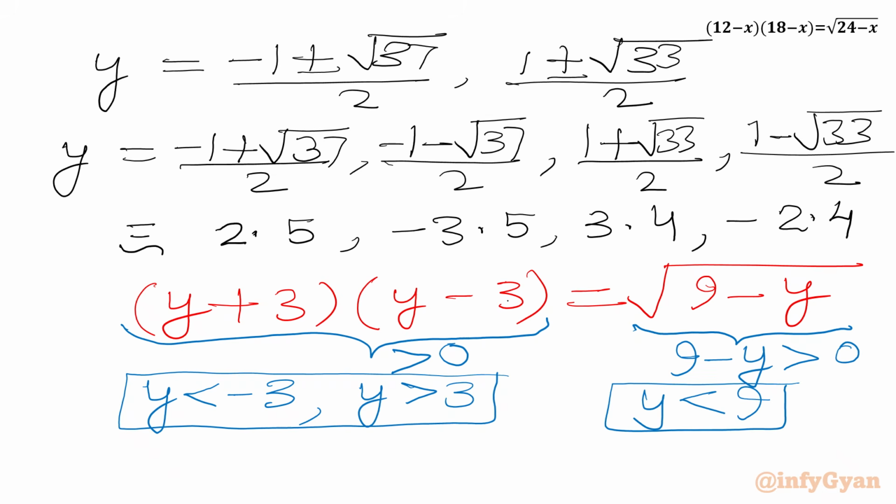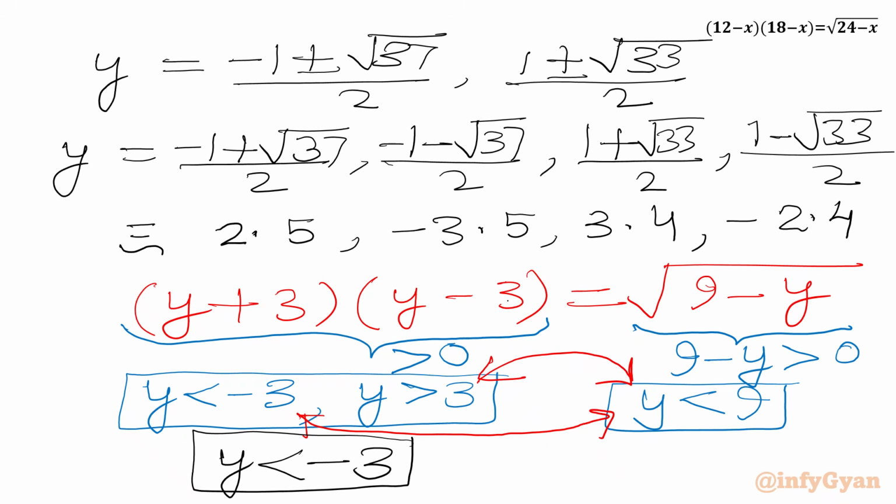Now we are going to consider the intersection of these two conditions. We will get, from the first intersection, y should be less than -3.